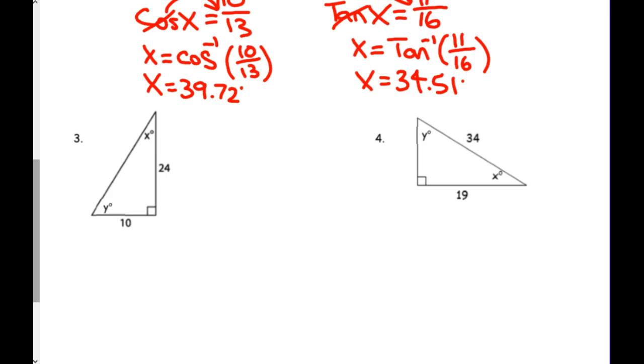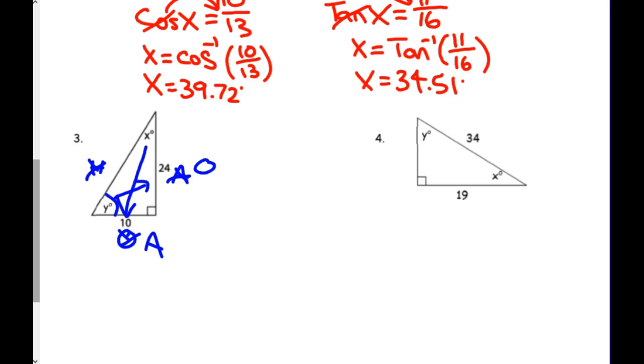So for example, if I start at x, here's my O, H, and A. I'm going to use TOA with 10 over 24. But if I started at y, this would be O, this would be A, and TOA would be 24 over 10, which would be flipped over.